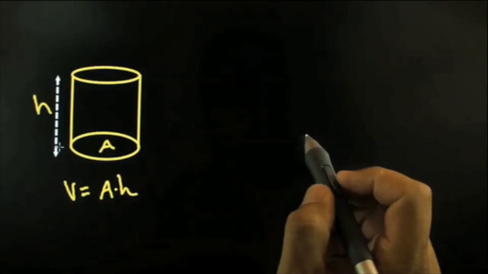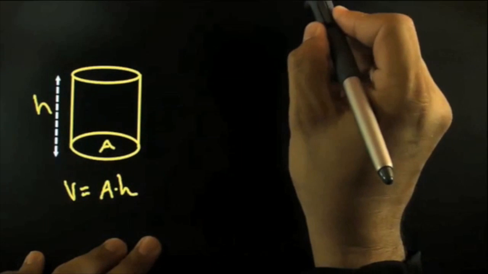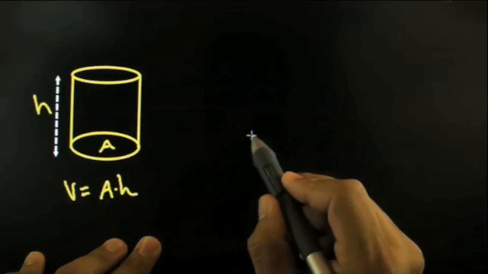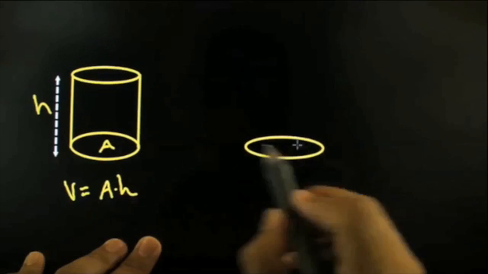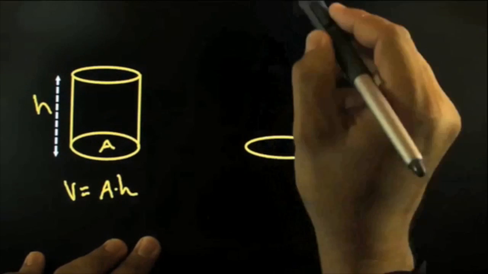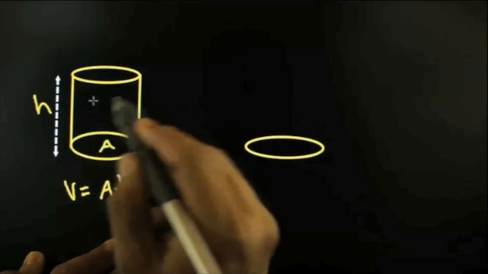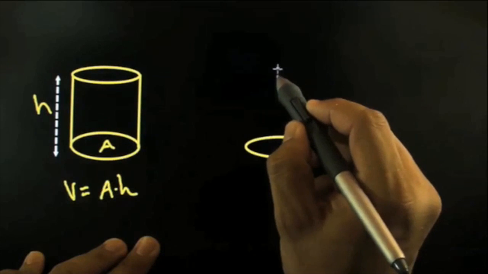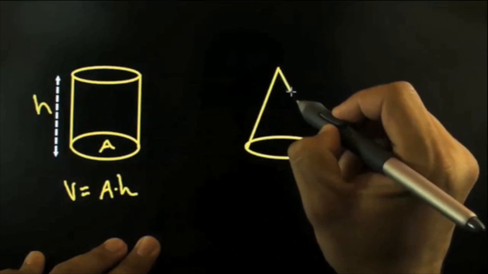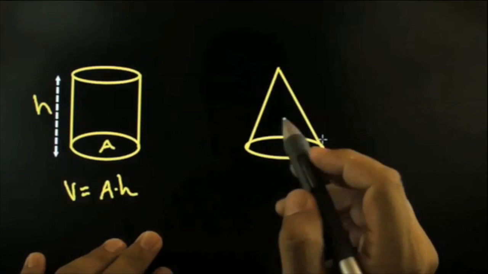Now, if we compare that with what I'm saying right now, by the way, these are called cones. Suppose you start off with the same area as there, but this time you end up with not exactly the same type of cross sections as you move up, but they get smaller and smaller to end up in exactly one point.